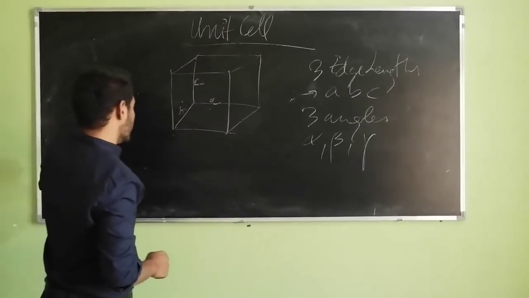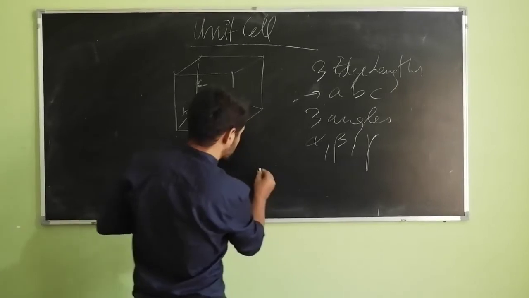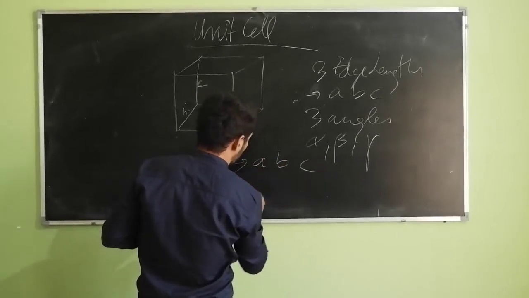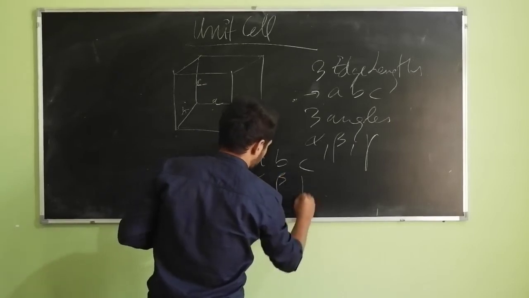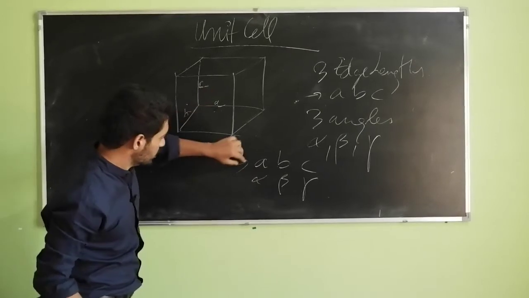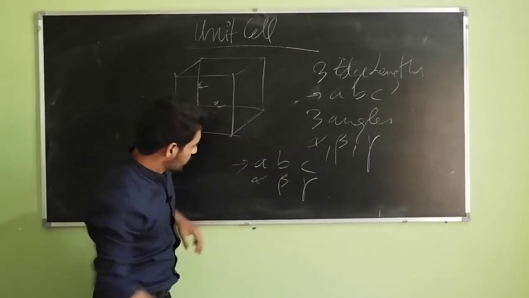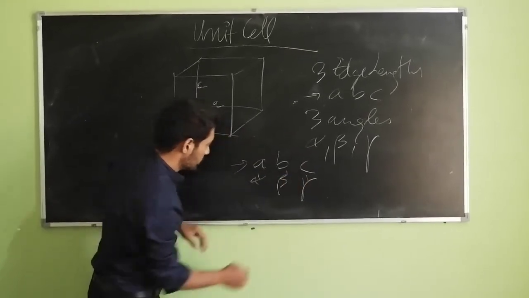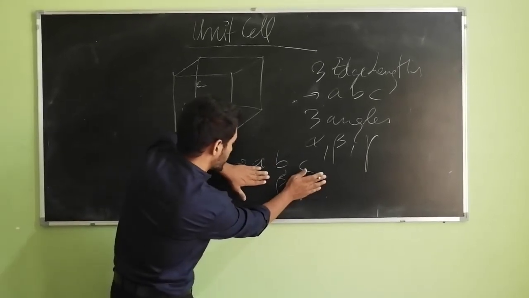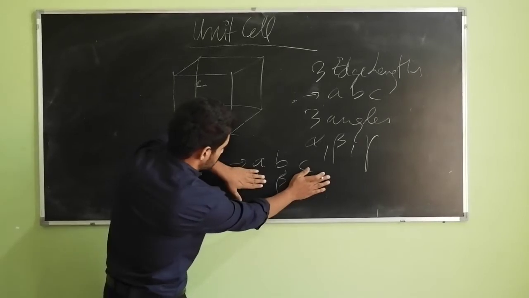Alright, so now talking about angles, just see how easy it is. Angles: alpha, beta, gamma. When we are talking about the angle between A and C, we'll forget the corresponding ones. We'll forget alpha and gamma. So for A and C, what we have is beta.